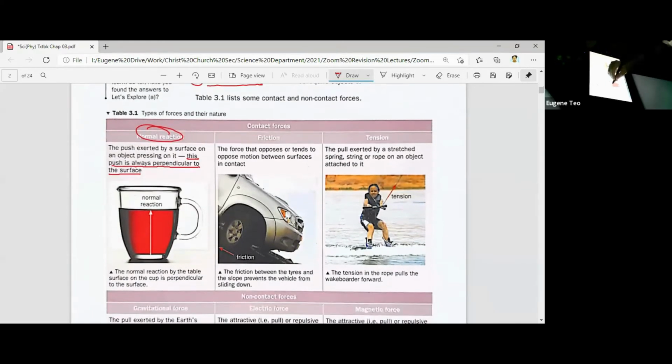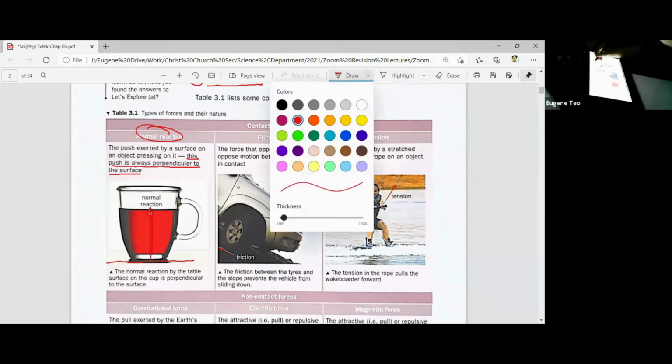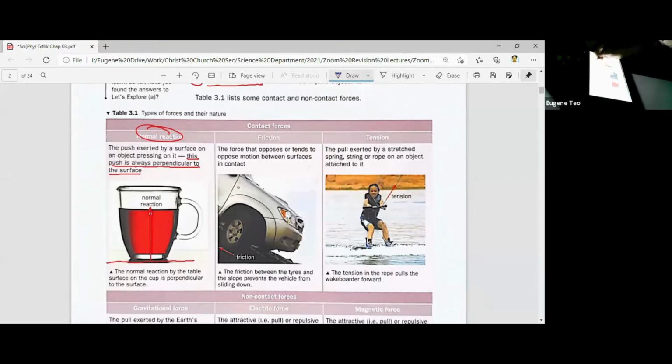So for example, we look at this cup. The surface is over here. Maybe I should change to a different color. We use blue. This is the surface. This is the normal reaction force. What you realize is that it's perpendicular to the surface. So the normal reaction force is always perpendicular to the surface.